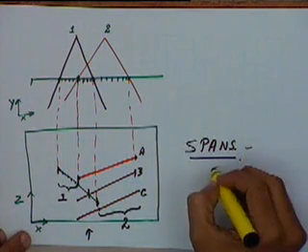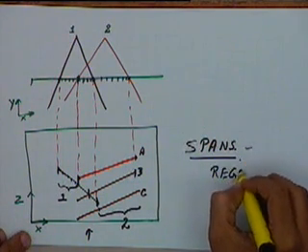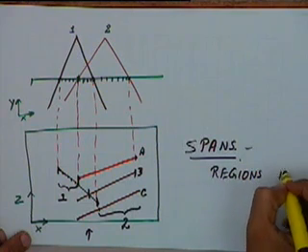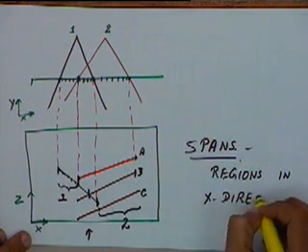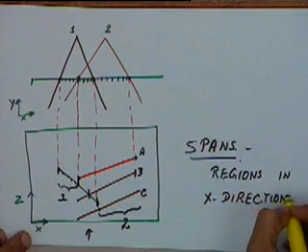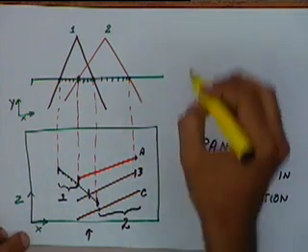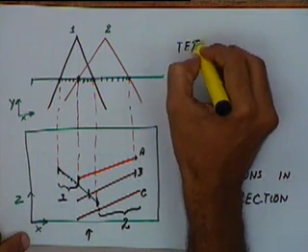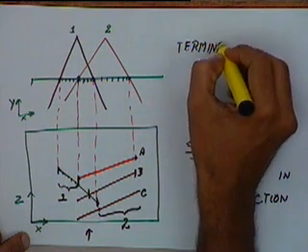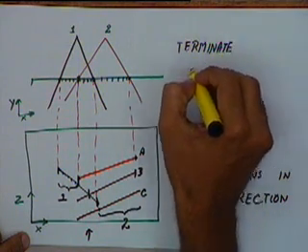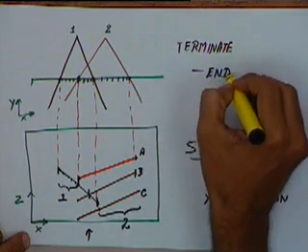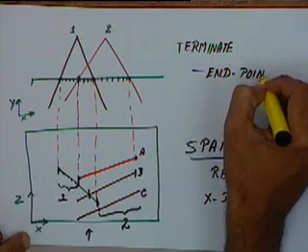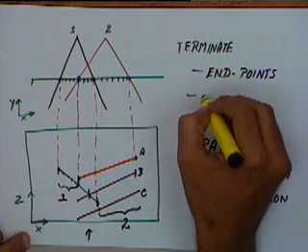So spans are basically regions in x direction, and they terminate either at line endpoints or at intersections.